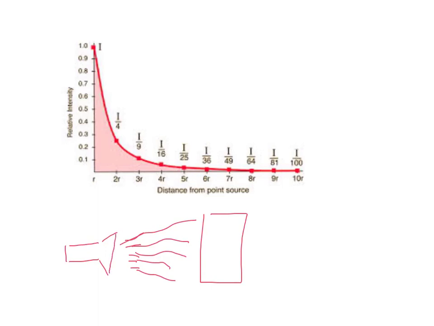What this says is as you get further away from the source, so as your distance from the source is increasing, the intensity of the light is decreasing by the square. So as your flashlight gets farther and farther away from the paper, how bright that light is on the paper doesn't decrease in a direct way, it decreases in a squared way. The further you get away, it goes down by the square. So you can see that on the graph here, and they've put the proportions in there for you so you can see how that goes.